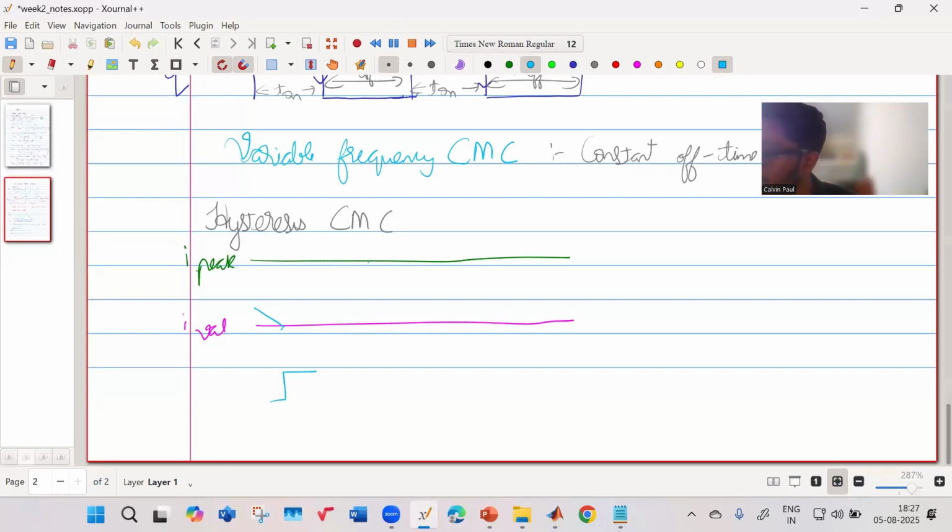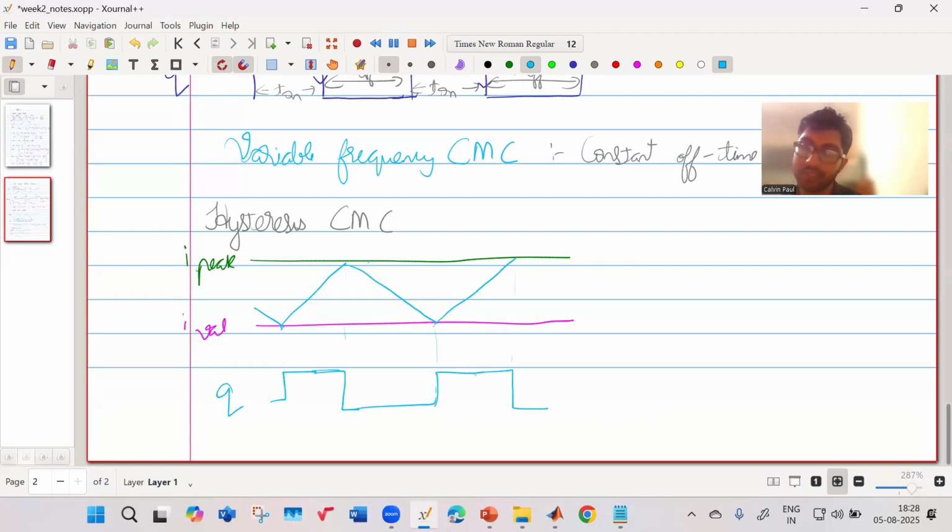Your gate signal will go high. When it touches the peak, your gate signal will go low, and then your current falls. Then once it touches the valley, again your gate signal will go high. Then it will reach the peak. Again your gate signal will go low. This is how your gate signal looks like.